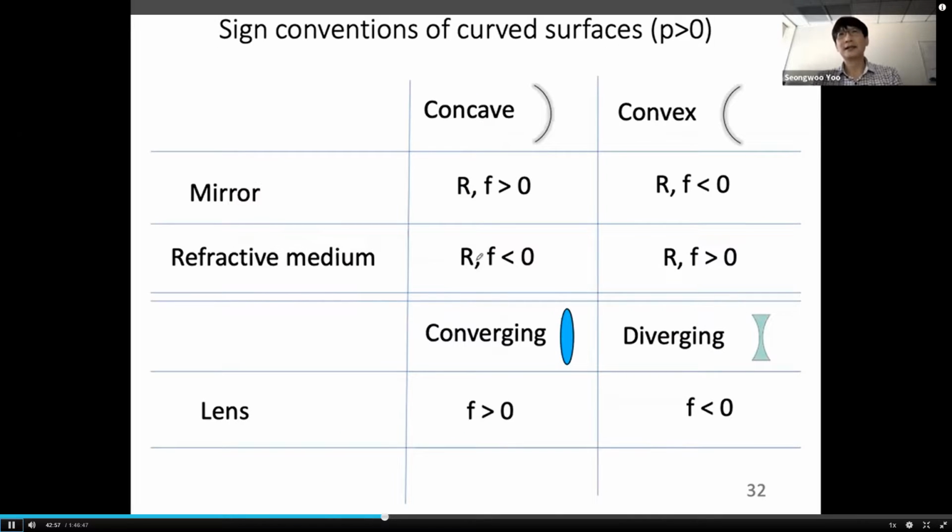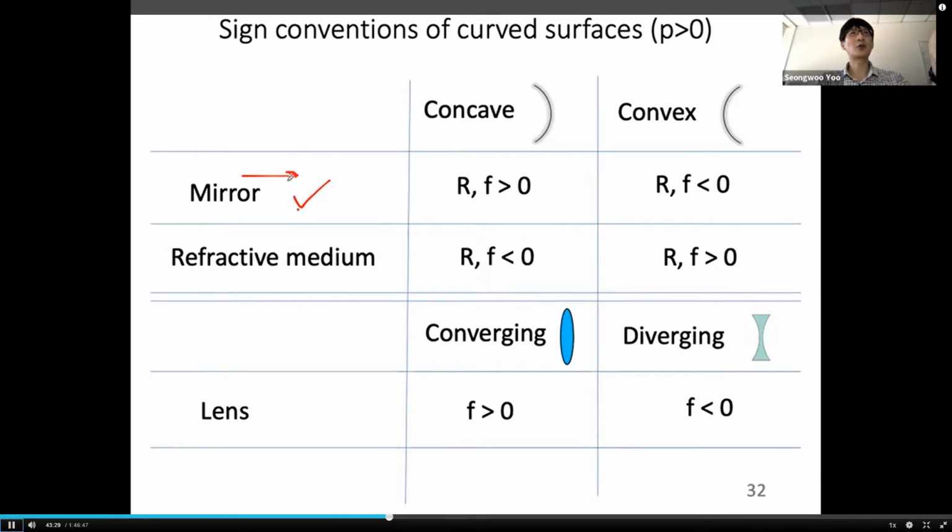Now, if all those sign conventions are still very confusing, then I can suggest a backup plan, your plan B. You may want to memorize these sign conventions, and I will tell you how to memorize these. It's not very difficult, okay? In the LAMS video, as well as in the summary lecture, we always start with the mirror.